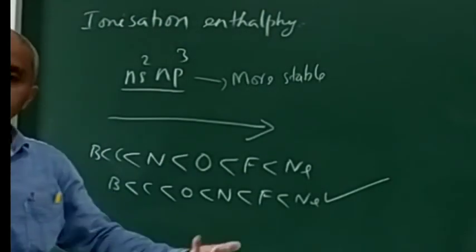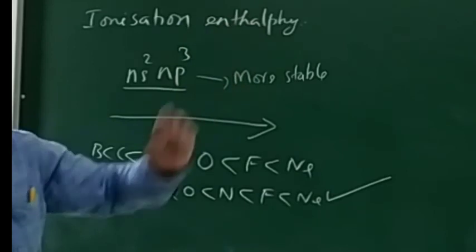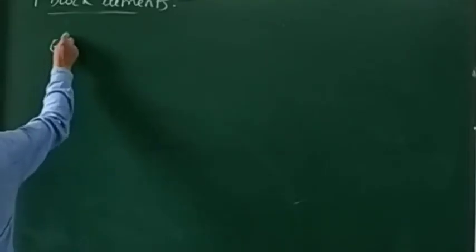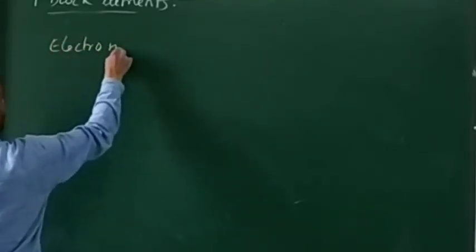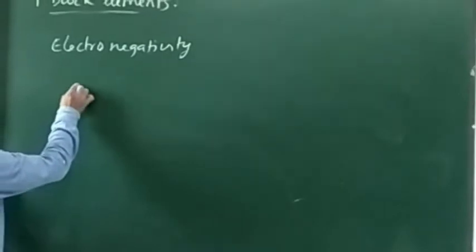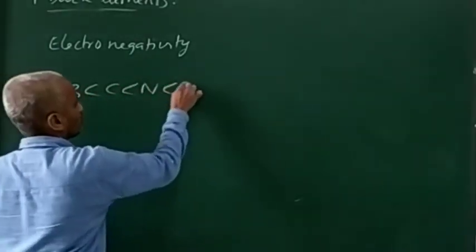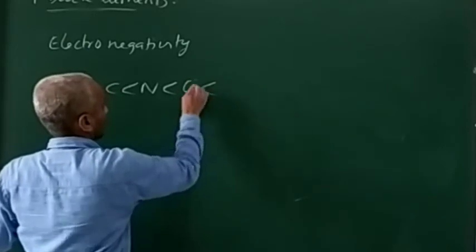Now down the group, ionization enthalpy decreases because size becomes bigger and bigger. Electronegativity. You know that electronegativity is boron less than carbon, less than nitrogen, less than oxygen, less than fluorine.